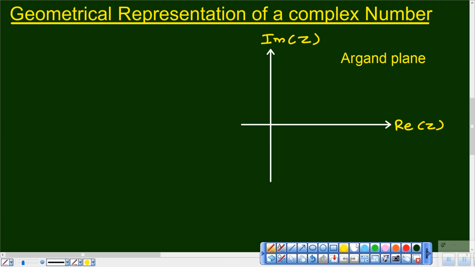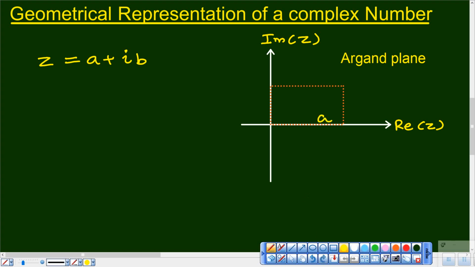So if we have a complex number z, that is a plus ib, that can be conveniently shown in this diagram. Same thing as we do in coordinate geometry, that is, we mark out distances along the real and imaginary axis. The distances may be A and B. So this is A and this is B, right?